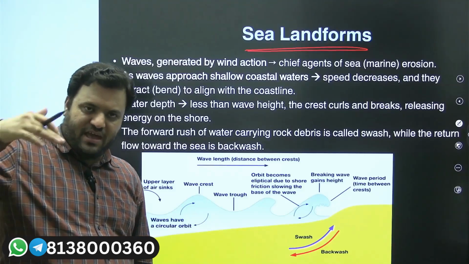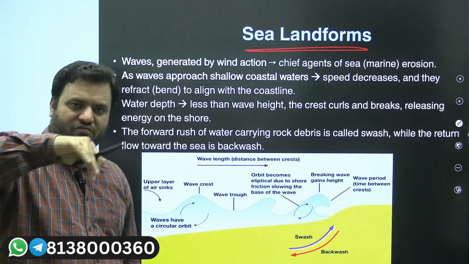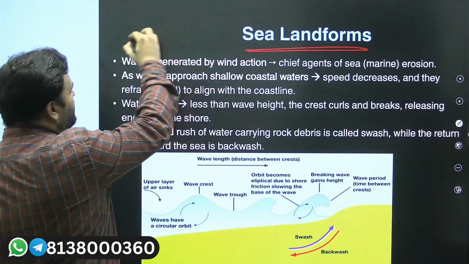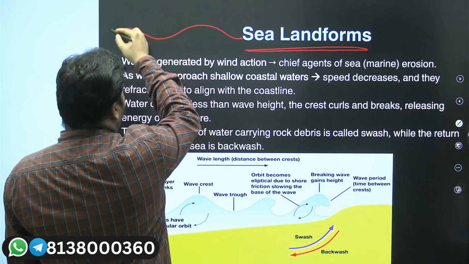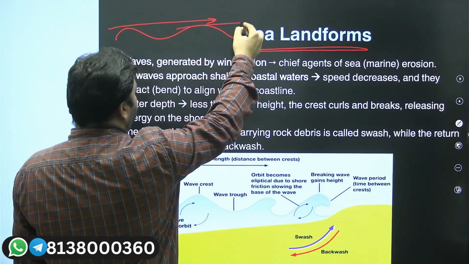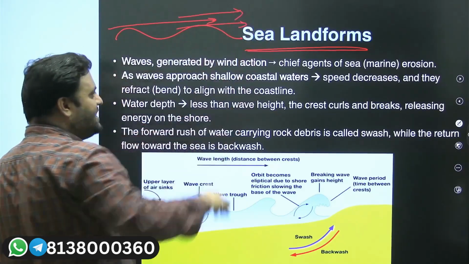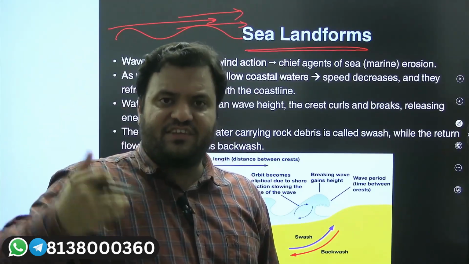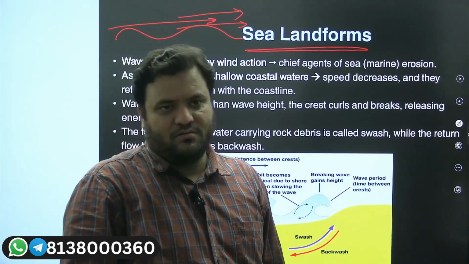So the waves which are generated in the seas are the result of wind action. When the water is there, water is going to move, water will have some sort of wave shape. It's because of the wind which is interacting with the water itself. In other words, the wind is putting its energy into the water.